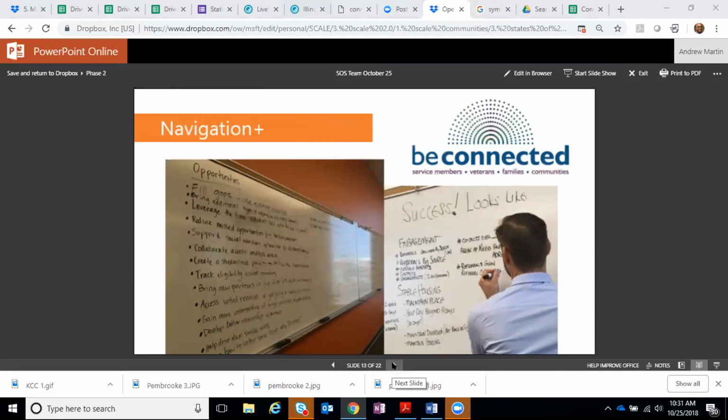In the 100 days, they decided to focus on veterans that were being diverted from the homeless system. And so that turns out to be about 25 veterans a month that they're going to focus on for the 100 days. And the goal is to ensure that they have housing stability.